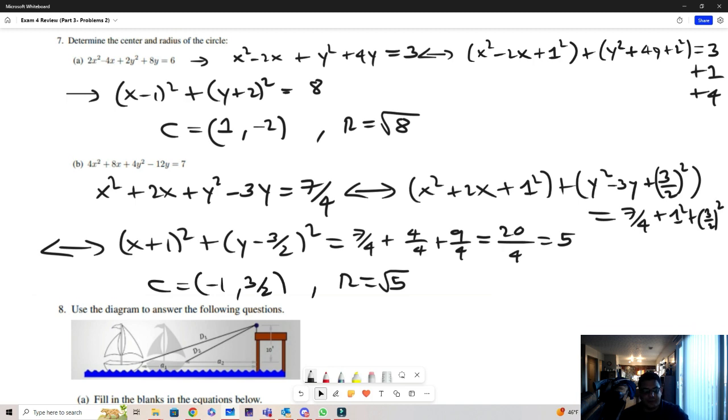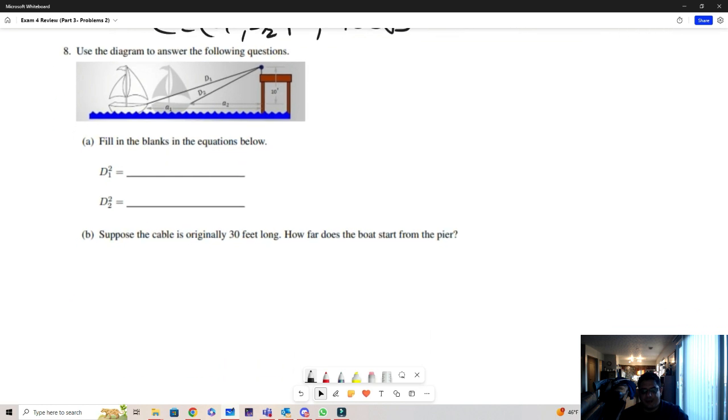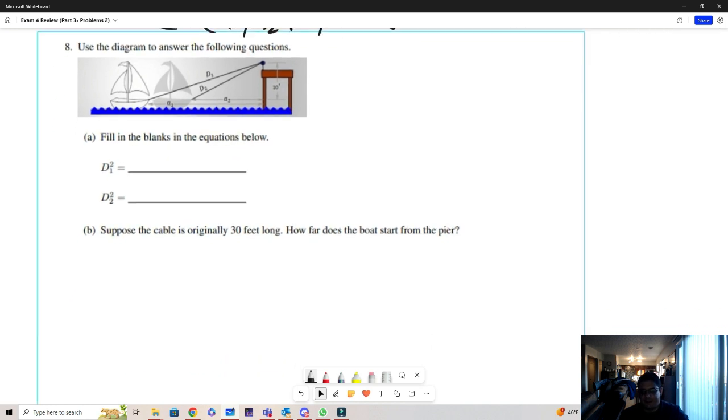Now let's move on to the next problem. We have the following diagram, where we have a boat that's being pulled by a cable, and so we have different instances. In instance 1, we have a distance A1 from the port, and the length of the cable that is pulling it is D1.